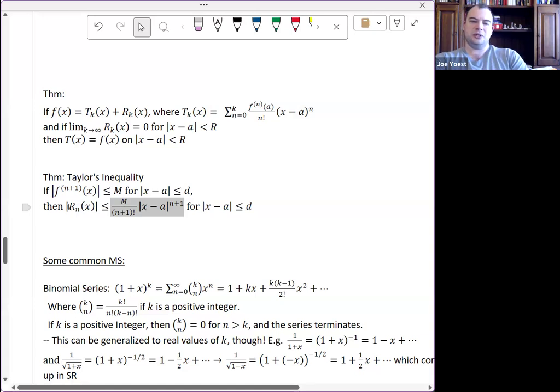The x minus a to the n plus 1 is in absolute values because this is in absolute values. And our numerator isn't exactly the thing we left off, but this looks kind of like the first term we leave off. That's the upper bound for the error. That actually has kind of the feeling of the alternating series estimation theorem. It has a similar feel to it, where the error bound looks a bit like the first term we leave off.